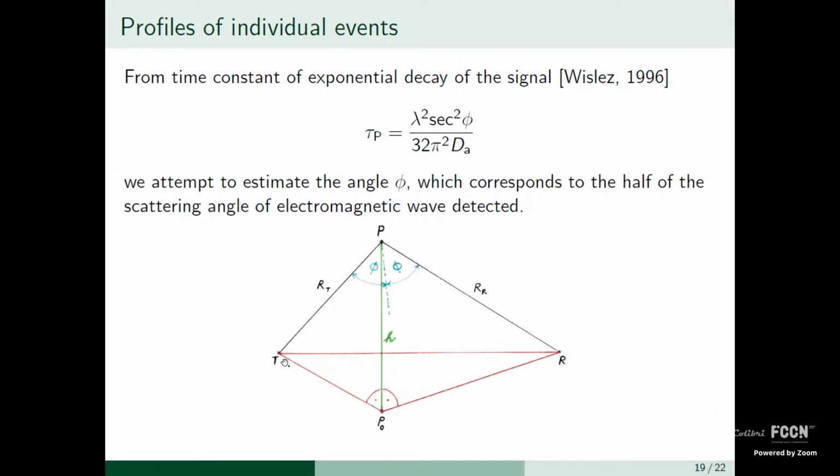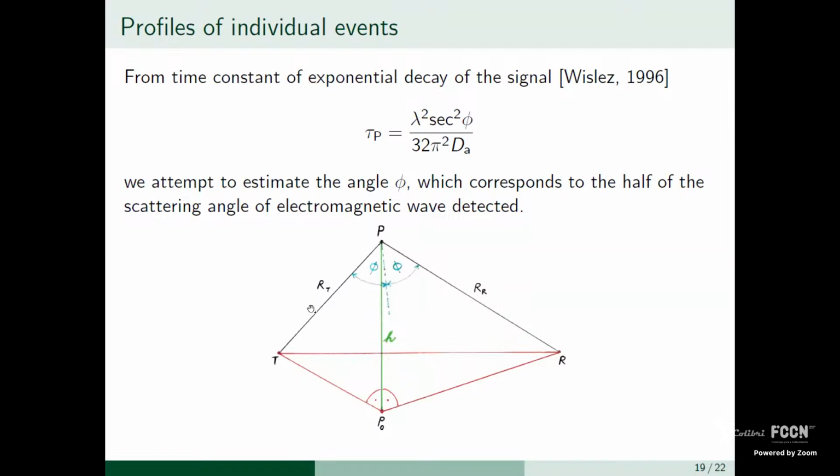So this is the transmitter, this is the receiver, this is the reflecting point, where the reflection occurred. This is the same point, but on the Earth's surface, its projection. The red distances can be measured in Google Maps or anywhere, even with the spherical correction, so it's more precise. The H is the altitude, which we estimate at 100 kilometers, because we know it's going to happen somewhere here.